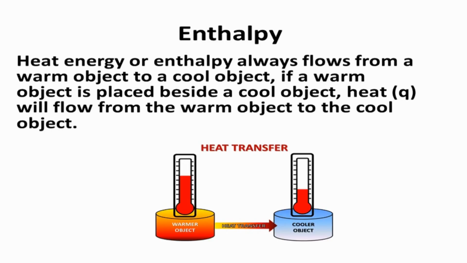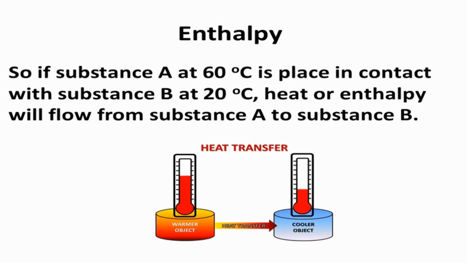So if a warm object is placed beside a cool object, the heat, or enthalpy, also labeled as lowercase q, will flow from the warm object to the cool object. So if substance A at 60 degrees is placed in contact with substance B at 20 degrees C, the heat or enthalpy will flow from substance A to substance B.